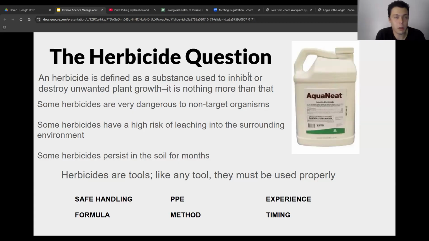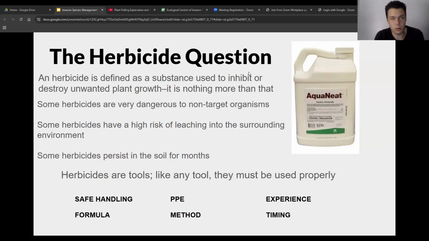The method, we'll talk about methods. There's a few different ways of introducing this onto the kinds of invasive plants that you want to make sure are dead and don't come back in such a way that has minimal impact to anything else around it, including the applicator. And you have to think about things like timing.